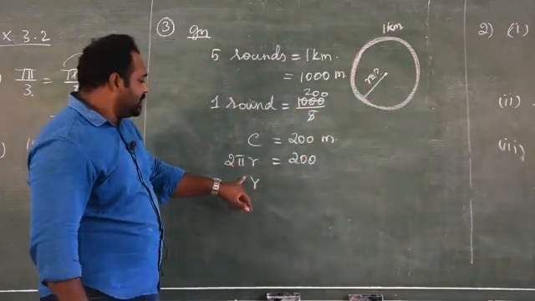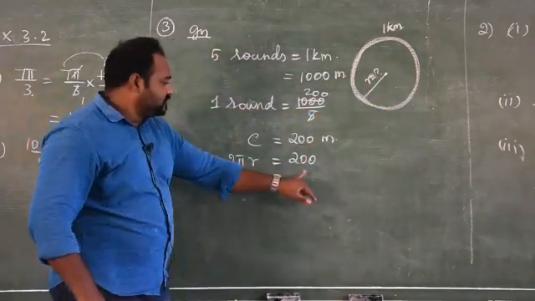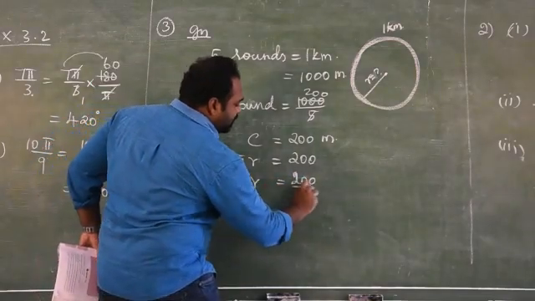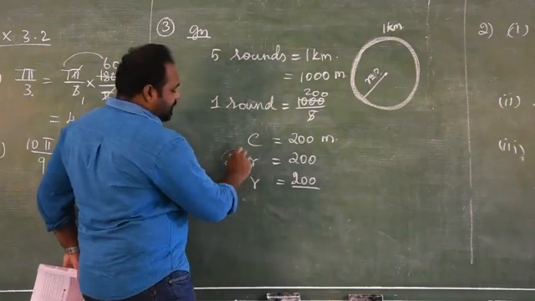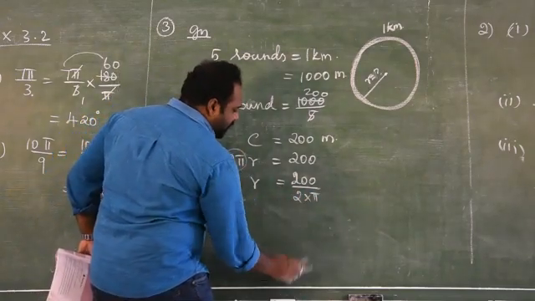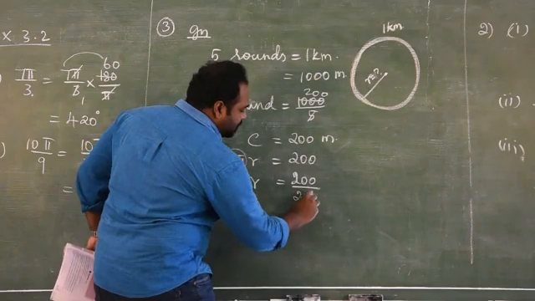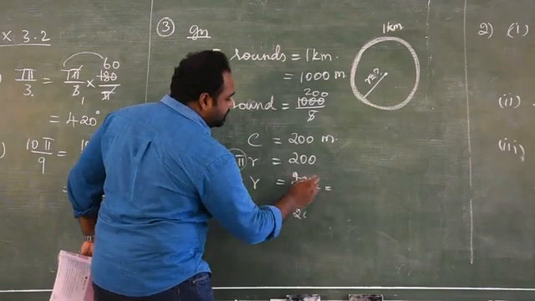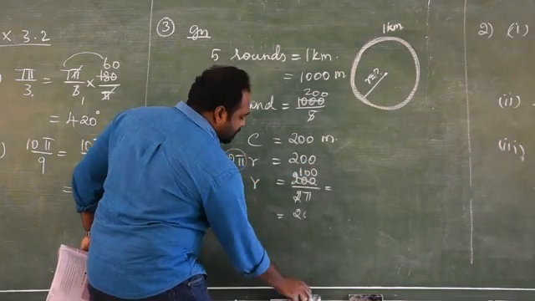So I am keeping r as it is and bringing these values to this side. So it will be 200 by 2 pi. Since it is multiplication, if you carry it to this side, automatically it is division. So 200, we can have a cancellation, 100.